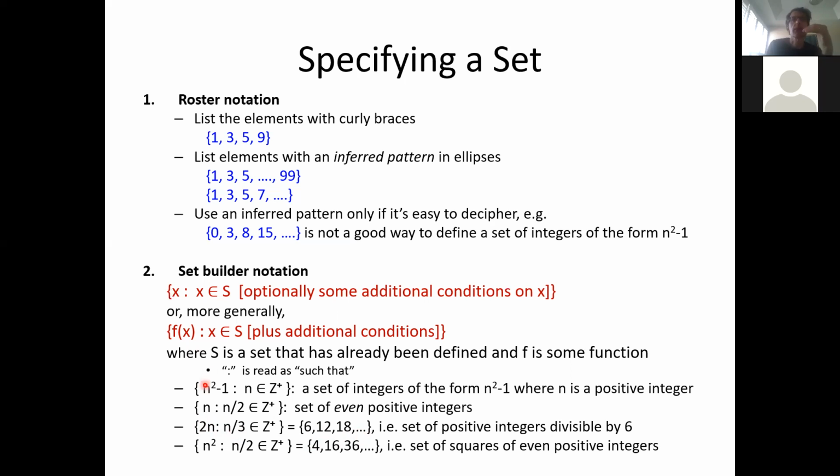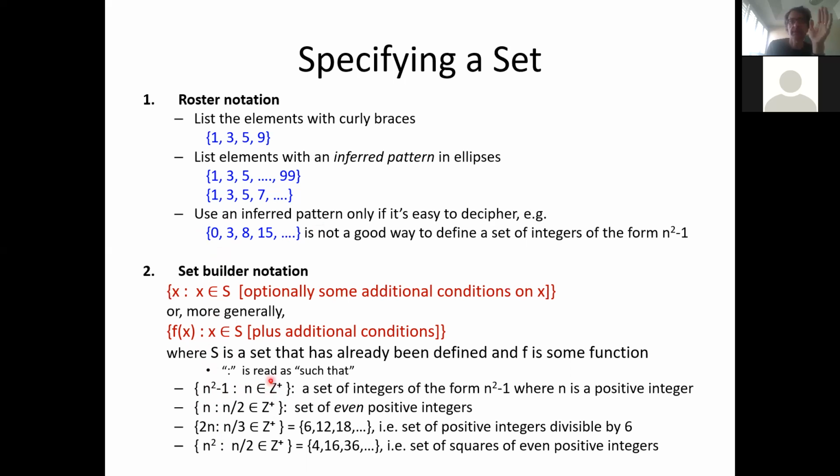So this set builder, this set in a better way would be described like this. It's a set of all elements of the form n squared minus 1, such that n is an integer, okay? Except that I wouldn't get a 0 this way, so I would better say here natural, right?